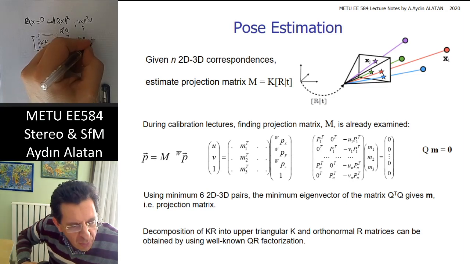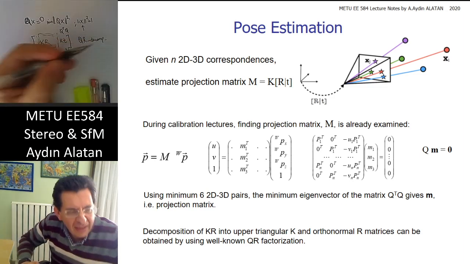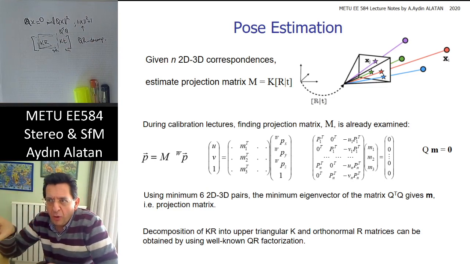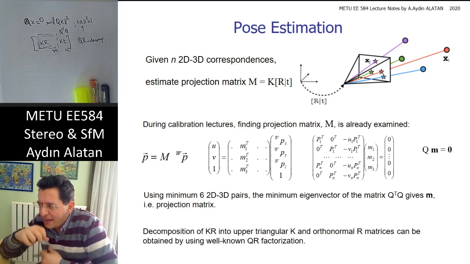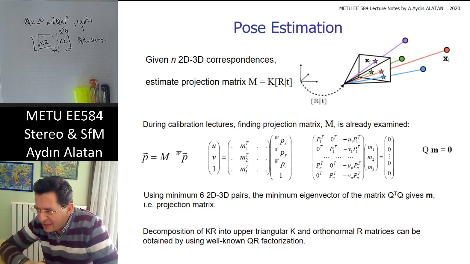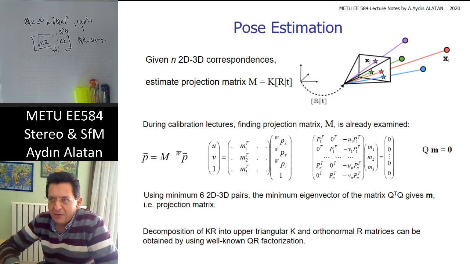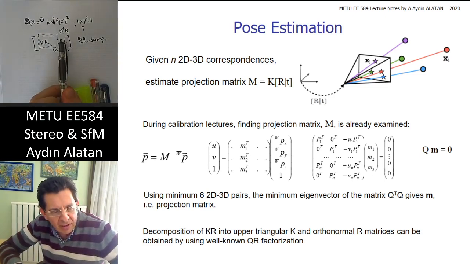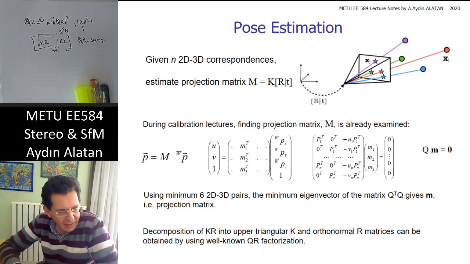QR decomposition is a well-known technique in linear algebra where you have one orthonormal matrix and one upper triangular matrix, and you can decompose it easily, which means after estimating M, obtaining K and R is also straightforward. Then through K, using this relation, you take the inverse and you obtain T as well.